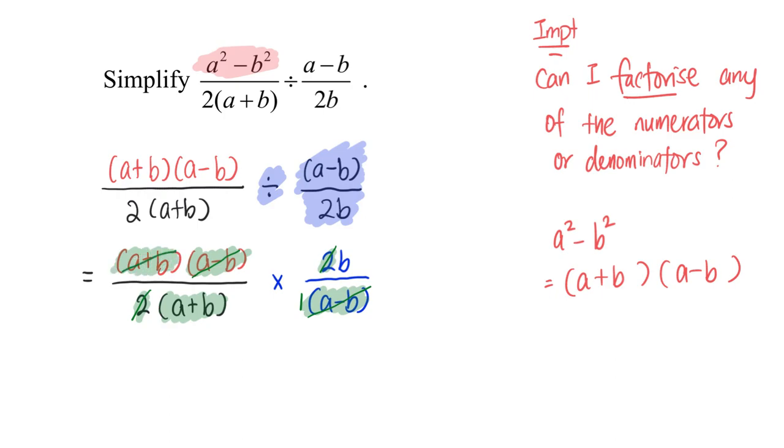I'm going to divide them off. So finally, I'm left with 1 times b is b, over 1 times 1 is 1. And final answer, b divided by 1 is b. I'm only left with this. And that will be the final answer to this question.